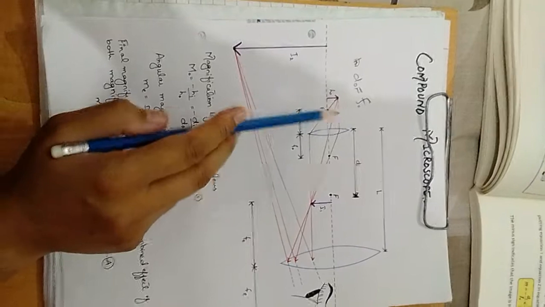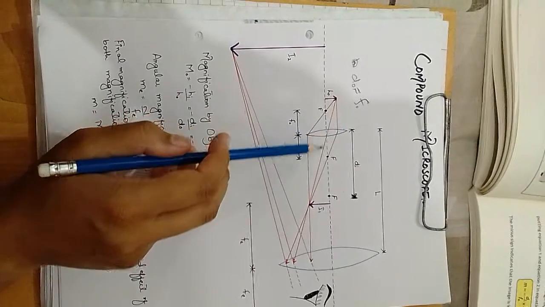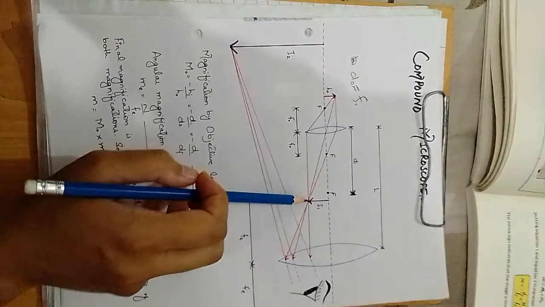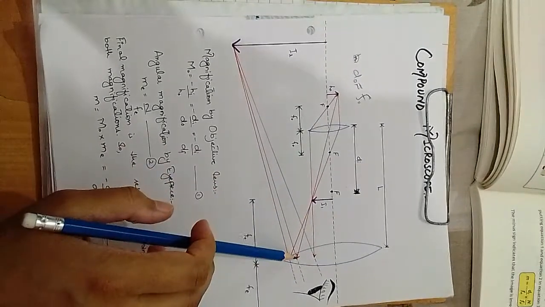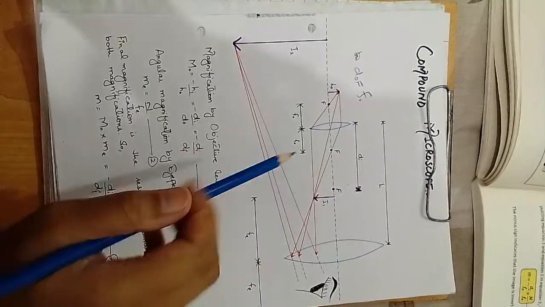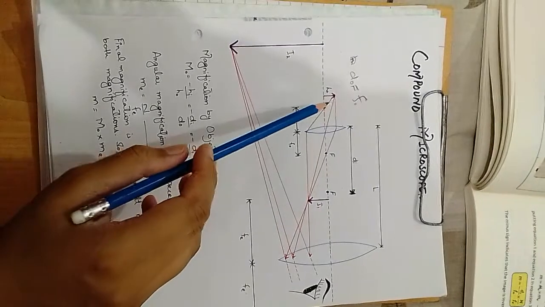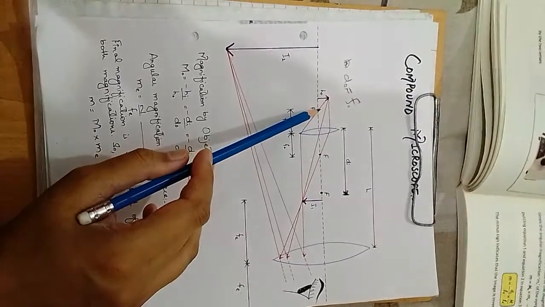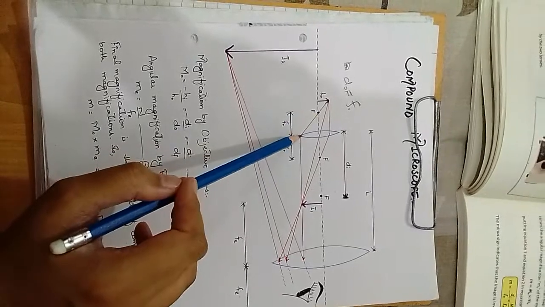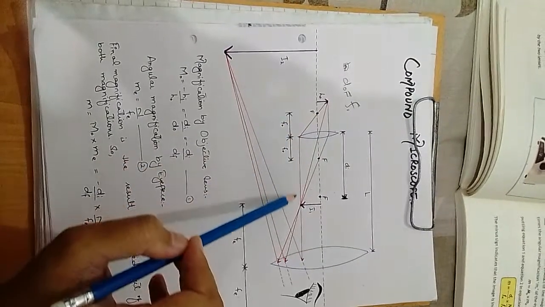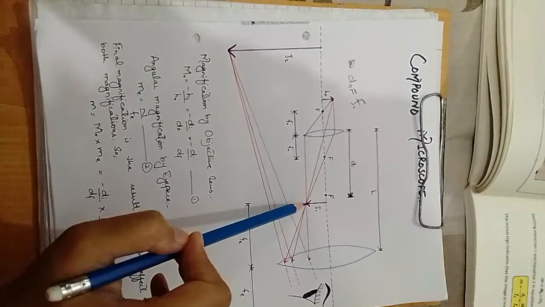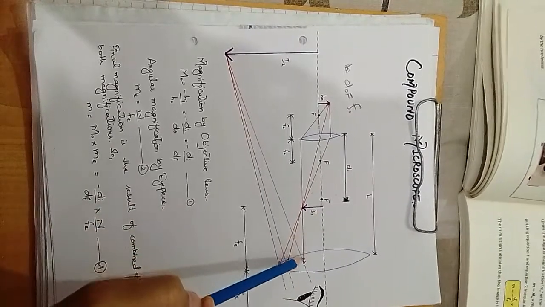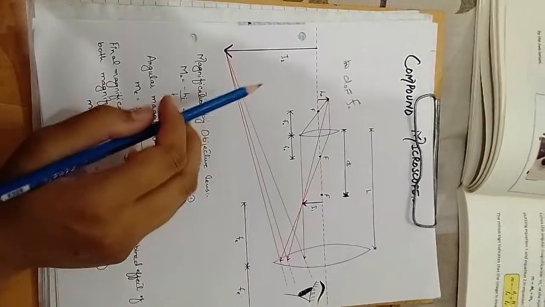The ray which passes through the center travels straight on, beyond the lens. And the ray which first passes through the focus strikes the lens and becomes parallel to the principal axis, intersects these two rays, and travels beyond.